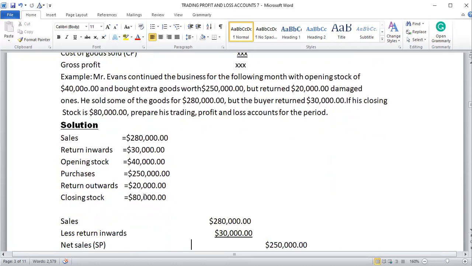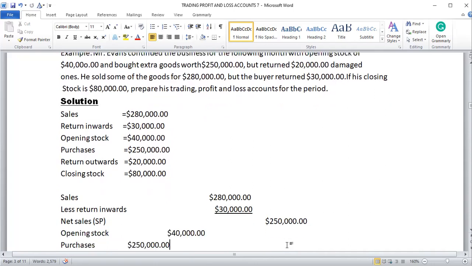Then our closing stock is $80,000, which is this one. So let's see. This is $280,000, this one. Returns inwards, $30,000, which is this one. Our net sales is now $250,000: $280,000 minus $30,000, which is $250,000.